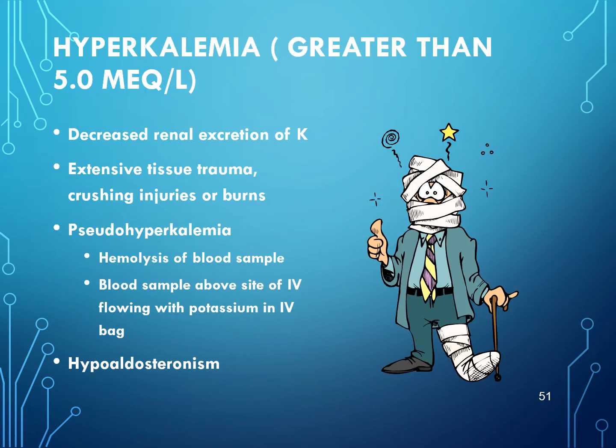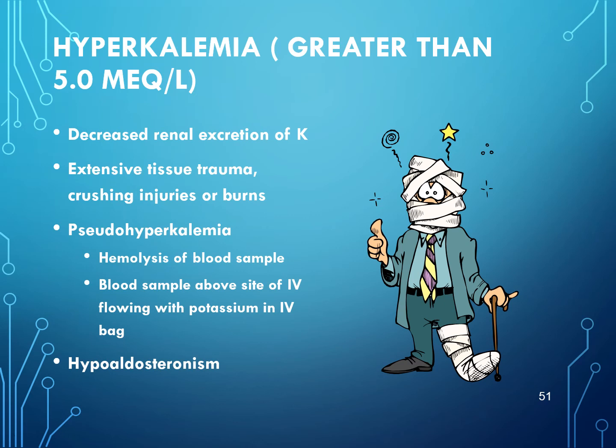Okay, hyperkalemia. This is going to be our most dangerous one. It can be due to decreased renal excretion of potassium. So normally this isn't an issue with normally functioning kidneys, but with aging and decreased renal reserve, there's a greater risk of potassium building up in the system.